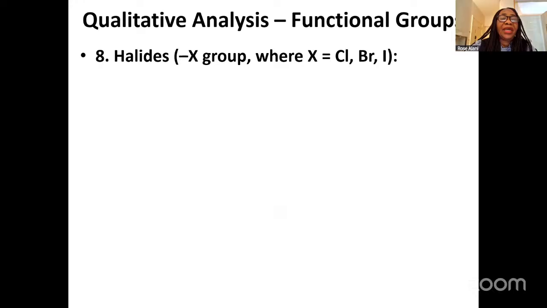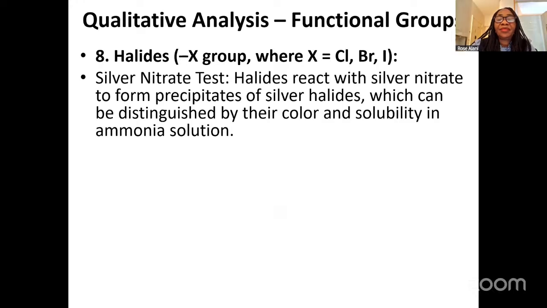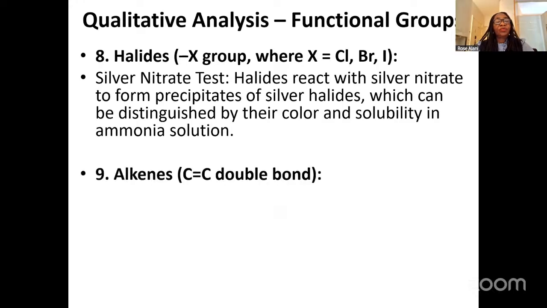So also halides. Halides also. In this case, we carry out the silver nitrate test. The halides react with silver nitrate to form a precipitate of silver halides, like I showed you on the previous slides.